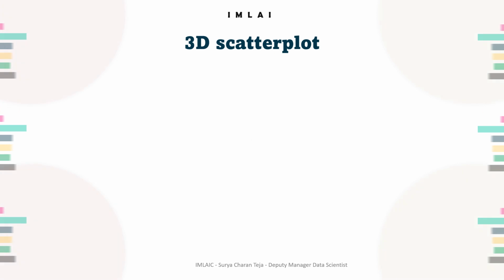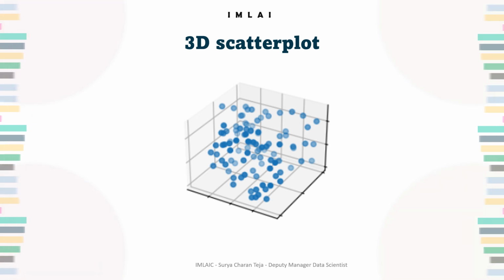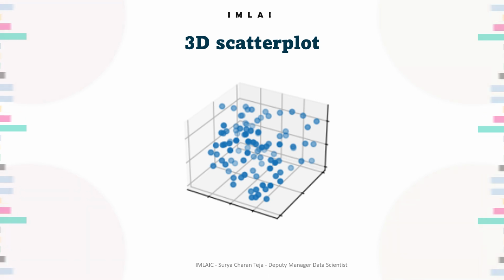3D scatter plots are used to plot data points on three axes in an attempt to show the relationship between the three variables. Each row in the data table is represented by a marker whose position depends on its values in the columns set on the x, y, and z axis.